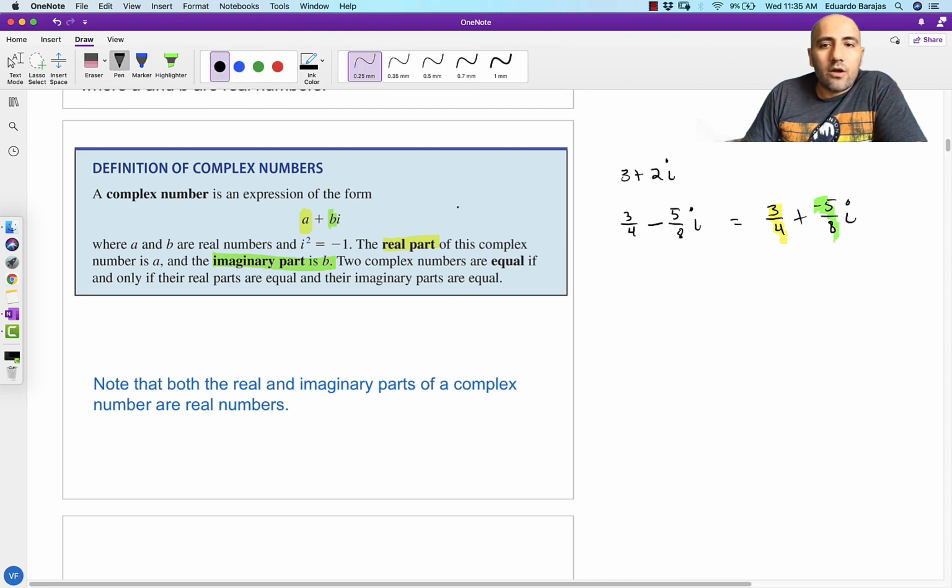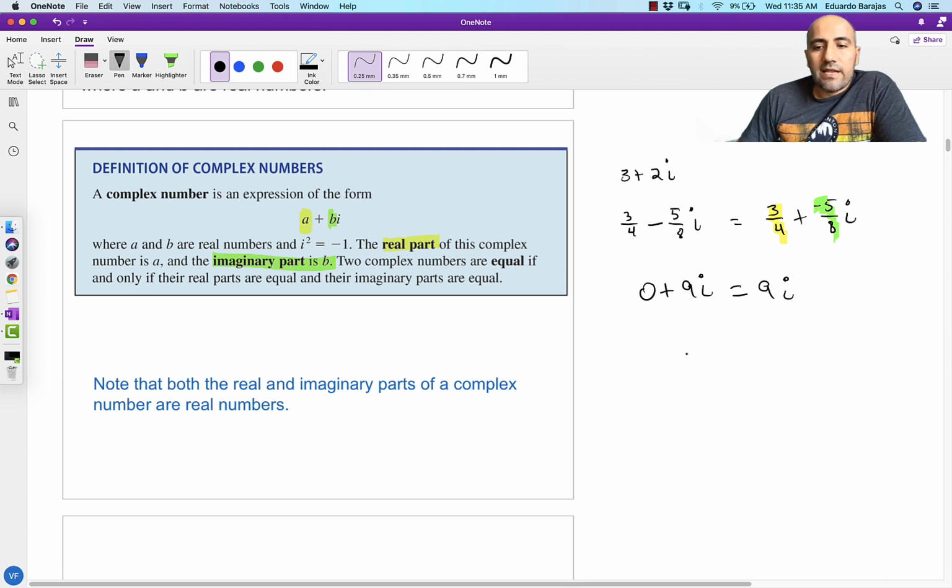Keep in mind that we can also have a 0 for one of these. So for example, we could have 0 + 9i, and then of course the 0 doesn't really do anything, so this just translates to 9i. Good.